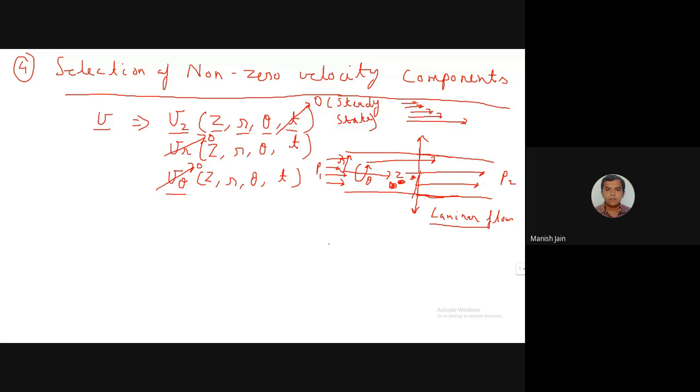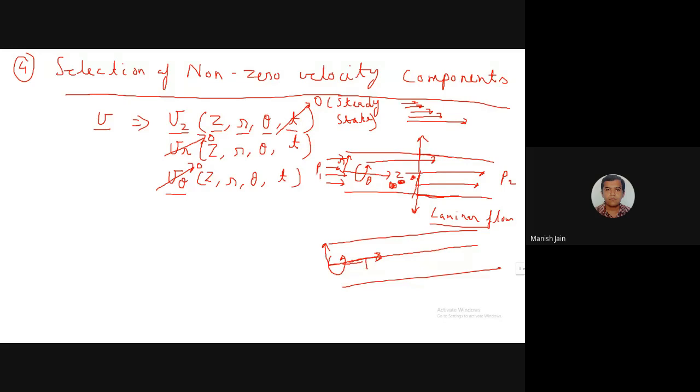Now check the V theta direction. This is the pipeline, and you have this theta direction. The system is symmetric, that's why we have placed the coordinate system at the central point.